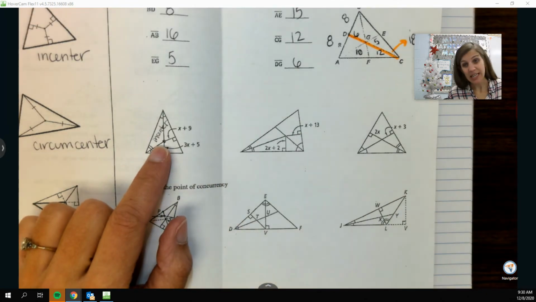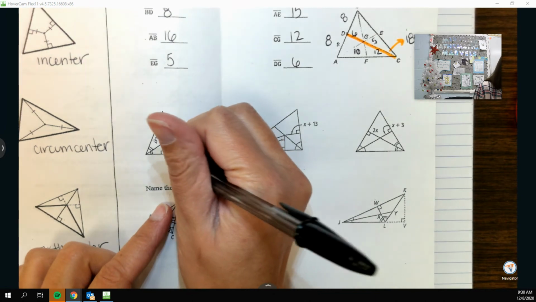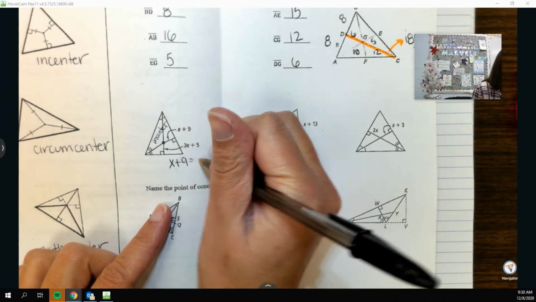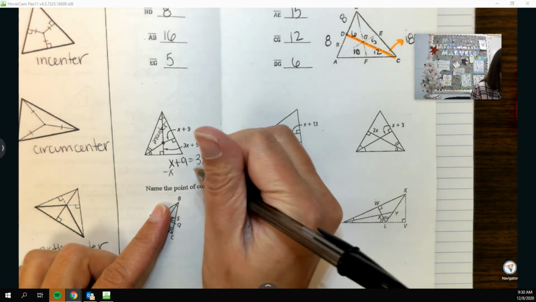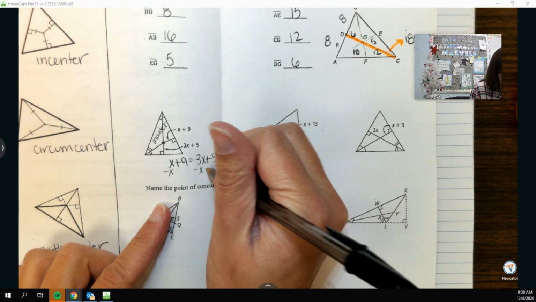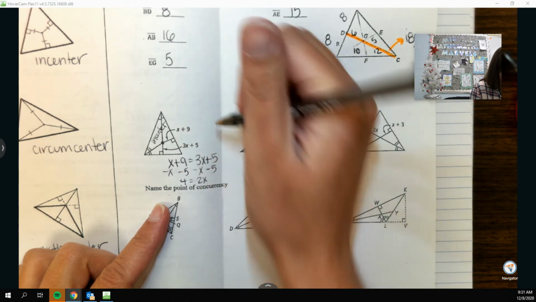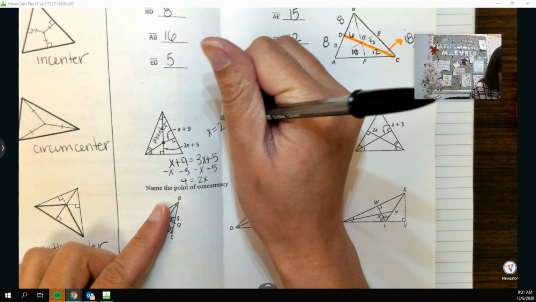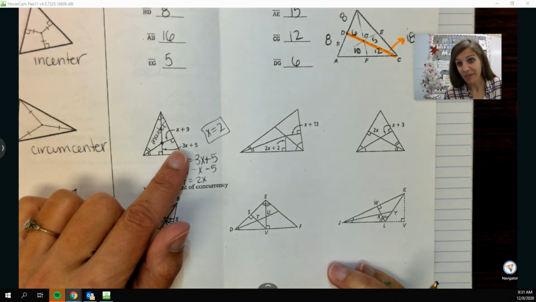And the incenter is equidistant to the sides. So I can set x plus 9 equal to 3x plus 5 and solve for x. So subtract 5. So 4 equals 2x. So x is 2, which would make this 11 and that 11. So that's good.